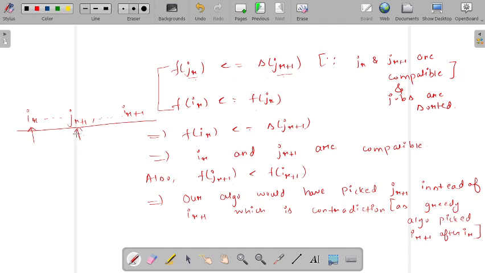So our algorithm should have picked JR plus 1 instead of IR plus 1. But in our algorithm, after IR, we have selected IR plus 1, which should not be the case. The algorithm should have picked JR plus 1, which is a contradiction. And hence, we can say that f of IR plus 1 is less than or equal to f of JR plus 1.